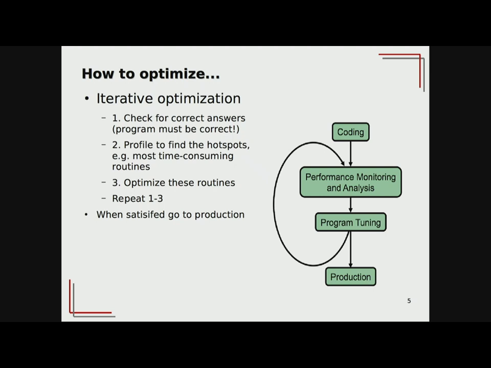Okay, then when you are sure that the code is working properly, with the regression testing and so on mentioned yesterday by Luca, you can start optimizing, okay? You can then profile to find the hotspots, that means the sections that are the most time-consuming parts. And then you start optimizing them, and then you go again. Remember that this step should always be done.